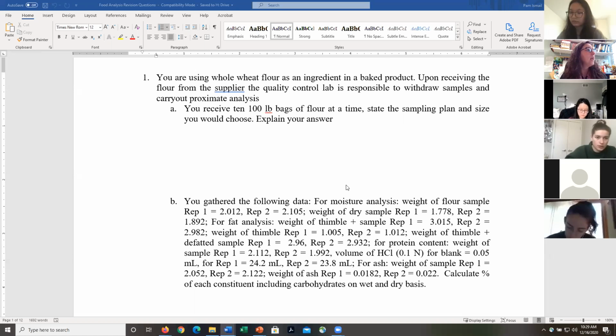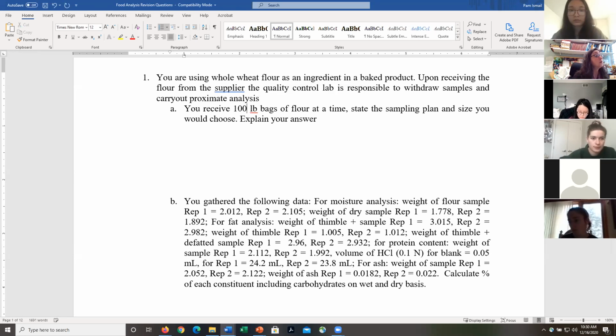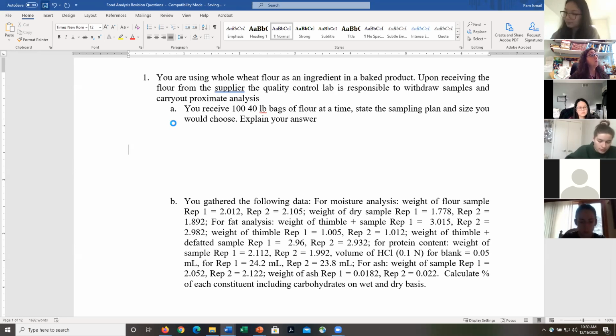So when you have 100, let's say, so not 10, it should say 140 pounds bag. Sorry, it's my fault. So you have 40 bags of flour and you have 100 of those.